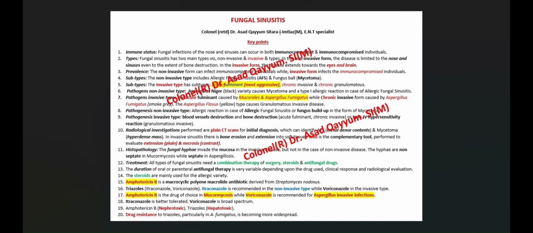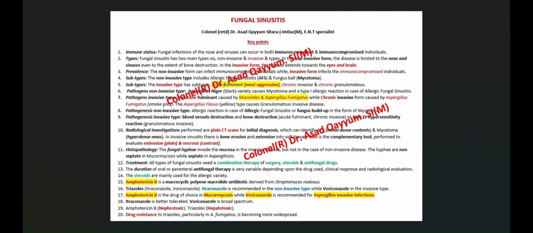Amphotericin is the drug of choice in mucormycosis, while voriconazole is recommended for Aspergillus invasive infections. Now, comparing itraconazole and voriconazole, itraconazole is better tolerated, while voriconazole is a broad spectrum antifungal drug.